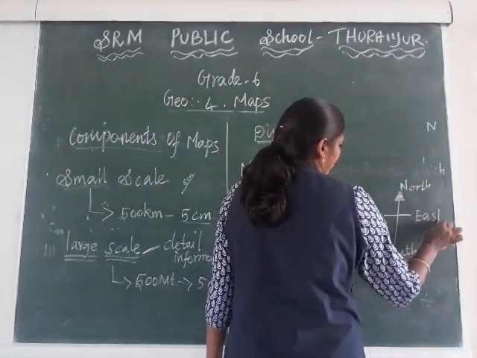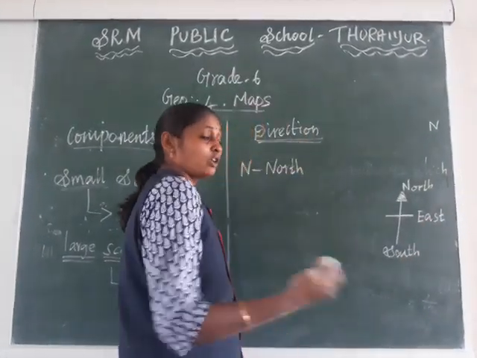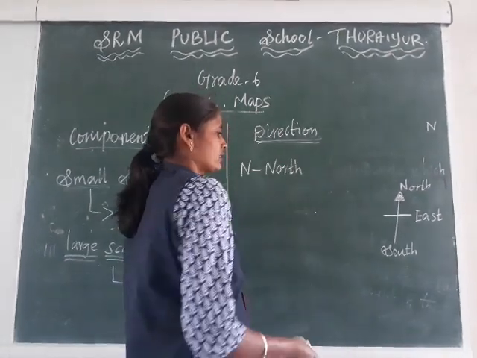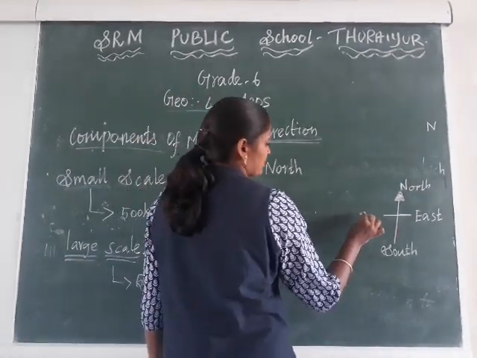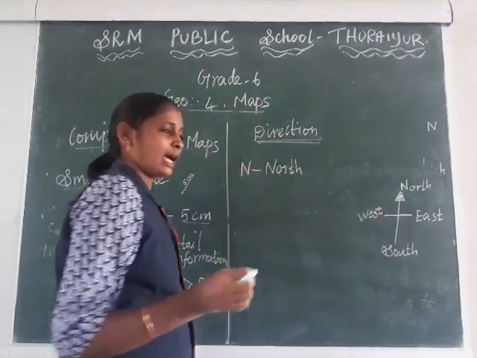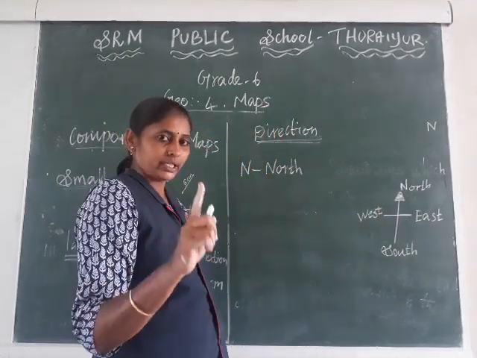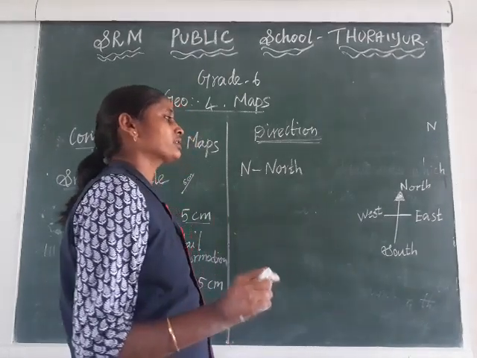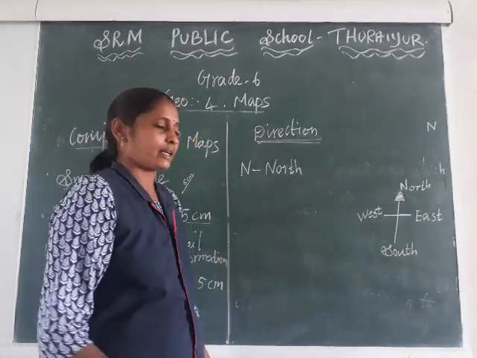The right side direction of north and south is east. The opposite of east is west. So whenever we know only one direction, it is easy for us to understand the opposite directions.